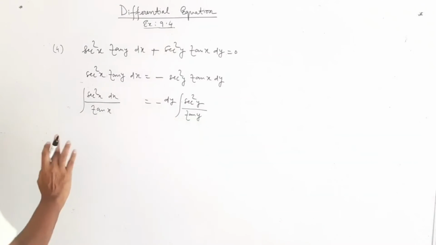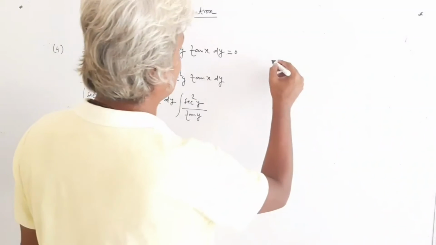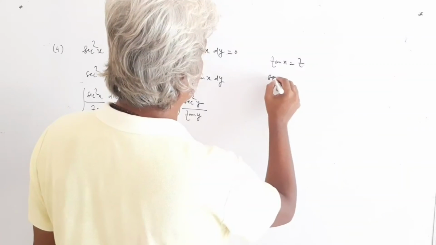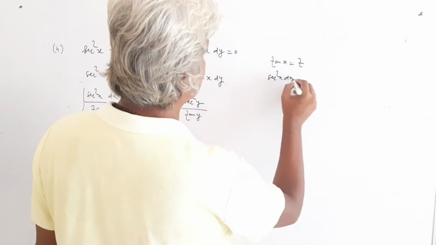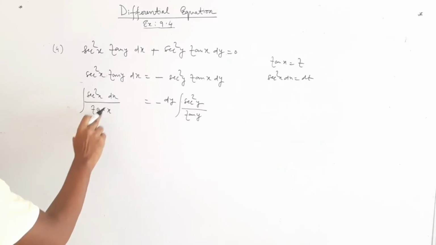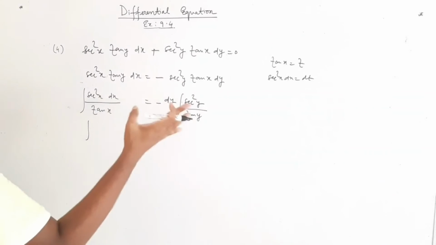Now you know that if you take tan x as t, then sec square x dx is dt. It means this will take the form of dt over t. I am not going to do a separate substitution here because we can integrate it directly.